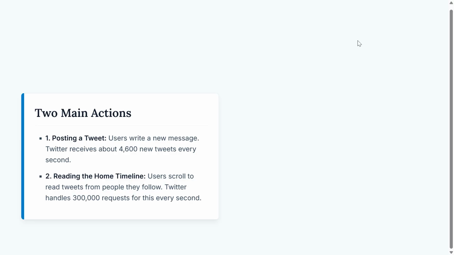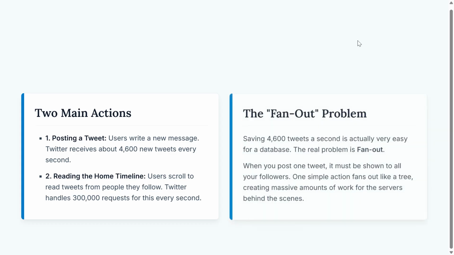Second, users open the app to read their home timeline. This happens much more often. Twitter handled about 300,000 read requests every single second. Now, saving 4,000 tweets a second is actually very easy for a simple database.